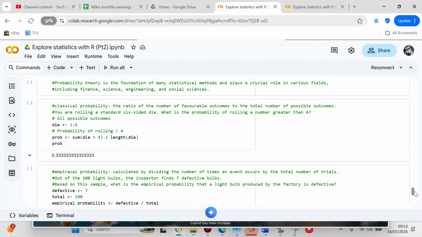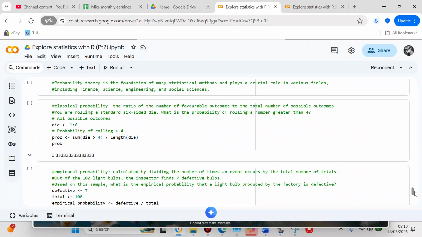So the first type of probability you have is classical probability. Classical probability is the ratio of the number of favorable outcomes to the number of possible outcomes. And then we're going to give you a practice question: you are rolling a standard 6-sided die. What is the probability of rolling a number greater than 4?